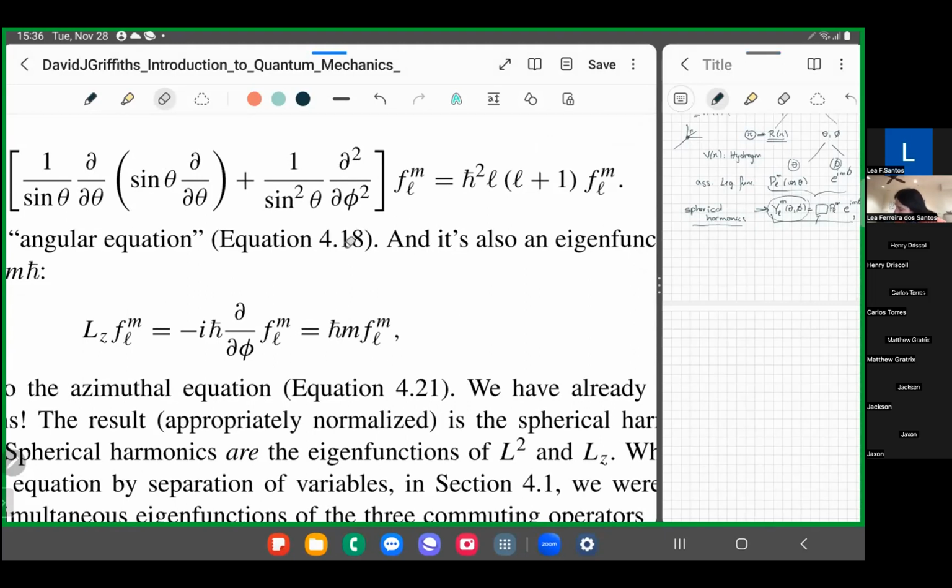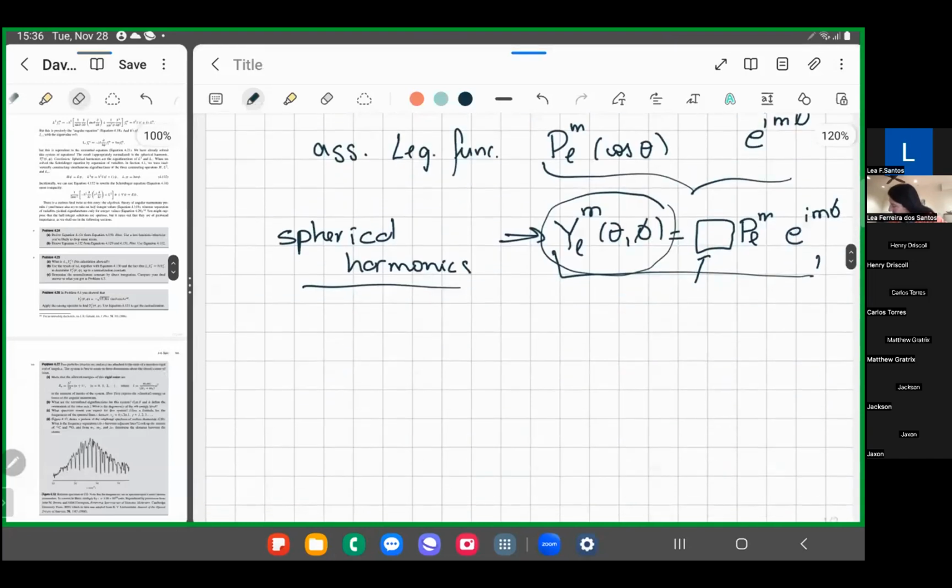So this is the equation that we had, was equation 4.18. You can come back to your book to see. Okay, so this was the equation that gave us these spherical harmonics, and we are going to see it again.